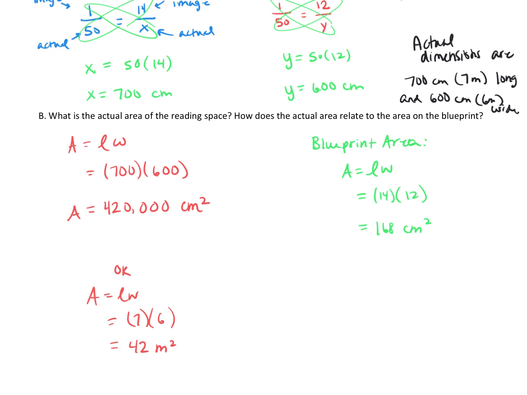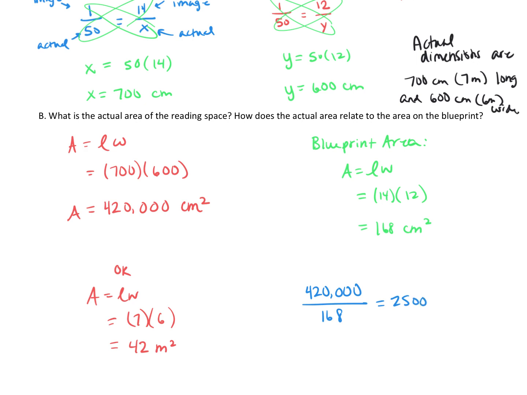So what we can do to make that comparison is take the actual area, 420,000 centimeters squared, divide it by the blueprint area, 168, and we get 2,500.